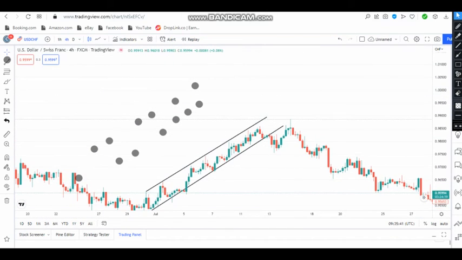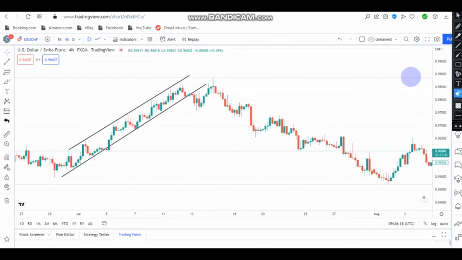Now that's said and done for an uptrend. So this is an uptrend.